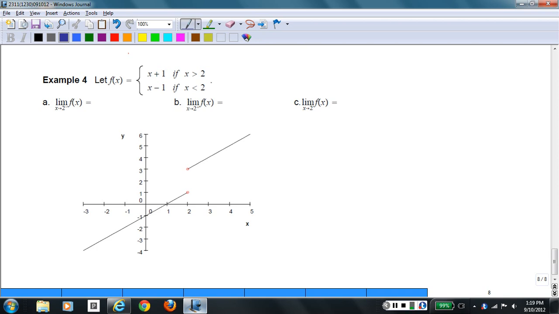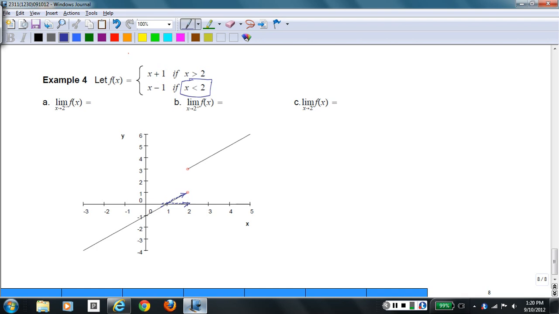So we want the limit of f of x as x approaches 2 from the left. So from the left, we're considering values of x that are less than 2. If we look at the picture, as x gets really close to 2 from the left, then the y values of these points along here are really getting close to what number? 1.